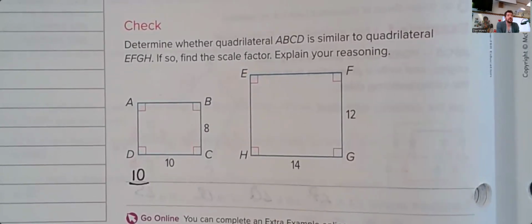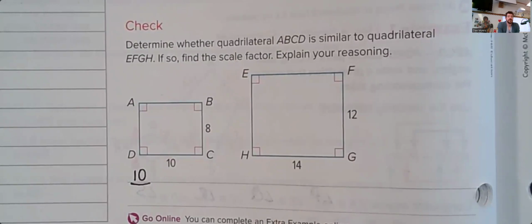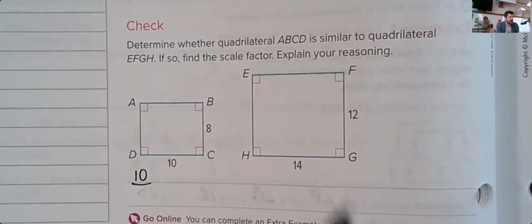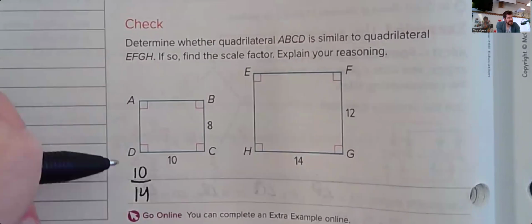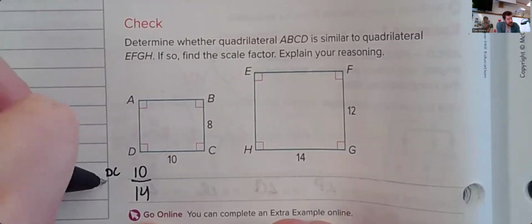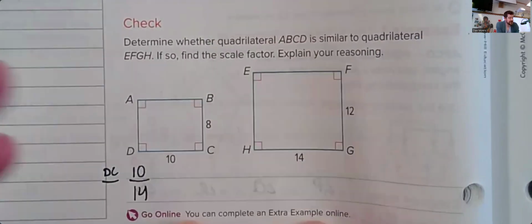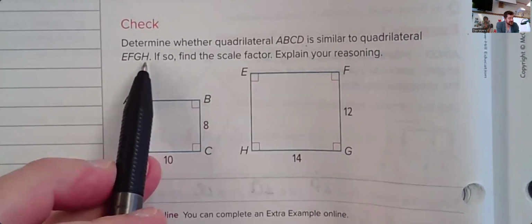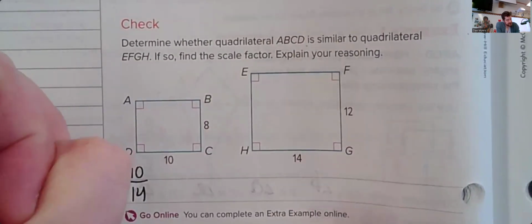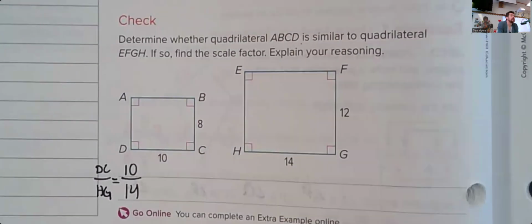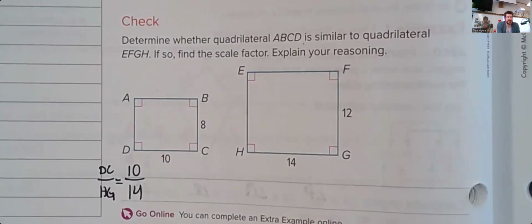From ABCD, if I choose 10, what would that go over from the other one? Would it go over 12 or 14? 14, yeah. Because this is the length from D to C. So this is DC over, and if you look here, DC would be HG, which equals 10/14. What does 10/14 reduce to?